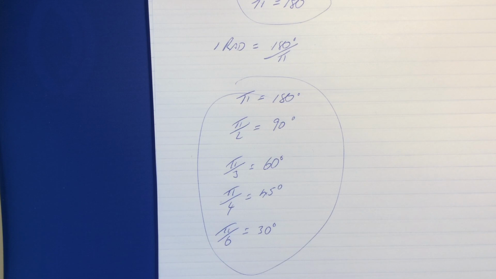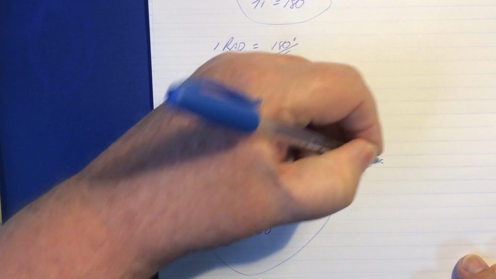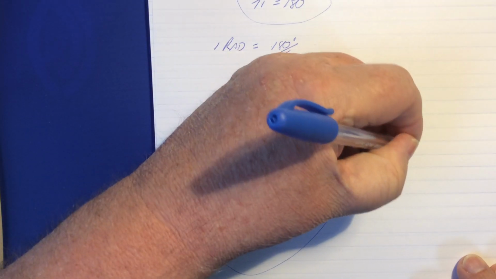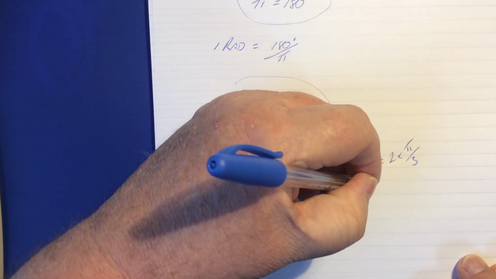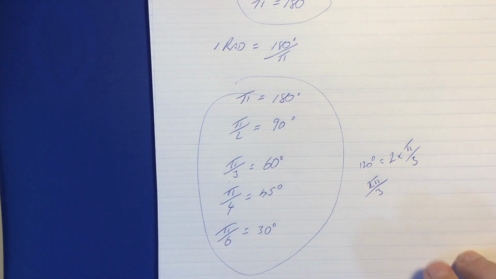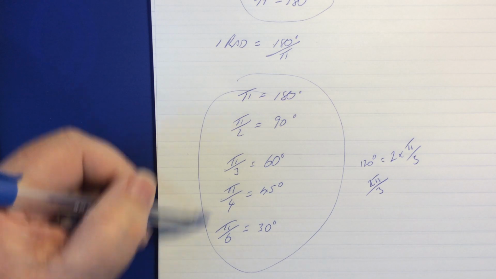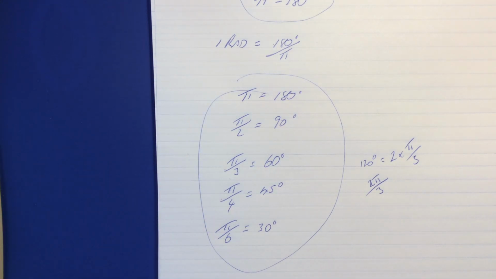So if you wanted to say 120 degrees in this notation, well, it's 2 of these. So 120 degrees is equal to 2 times pi on 3, which is 2 pi on 3. And that's how you'd say 120 degrees. And so if you have these basics, you can multiply up to get what you need.